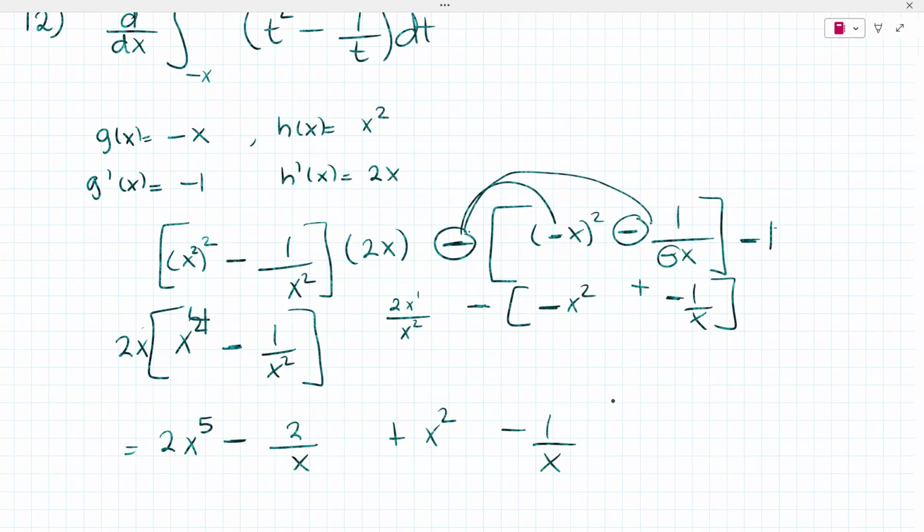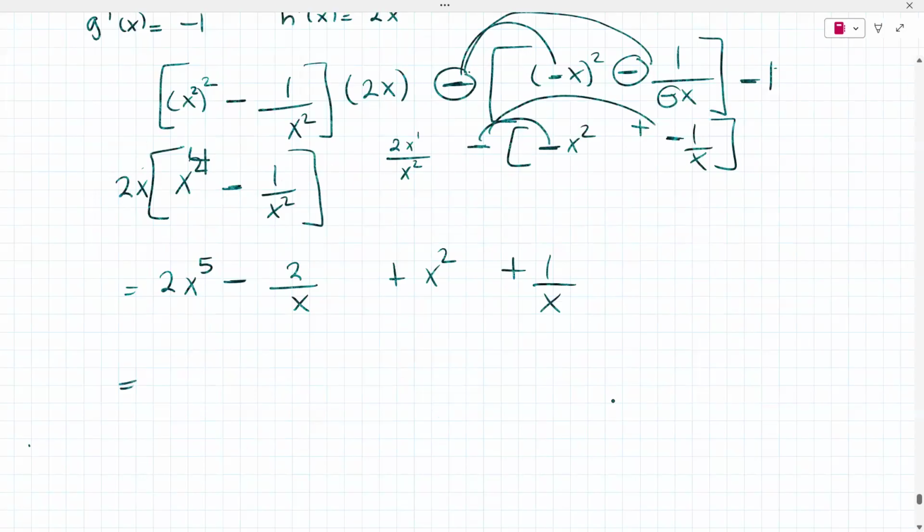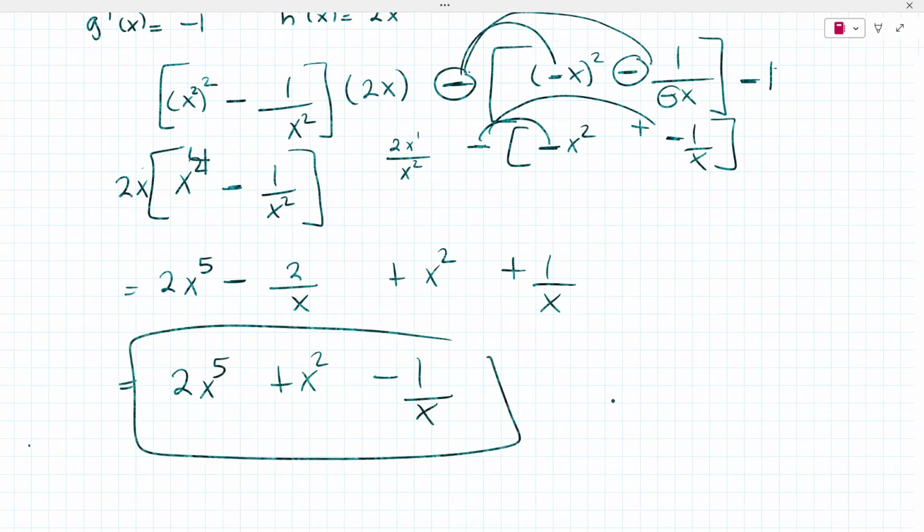Then you would distribute this minus, so negative times a negative is positive. This should be +1 over x. Much better. And when you clean it up, this is going to be 2x^5 plus x squared, and then -2 over x plus 1 over x is -1 over x. There's your final answer.